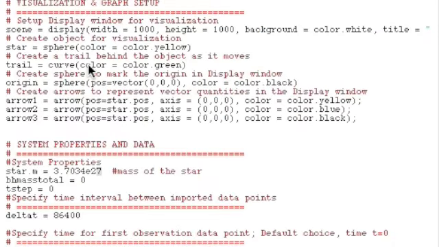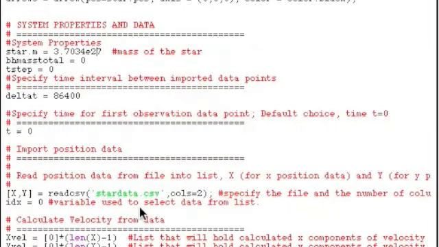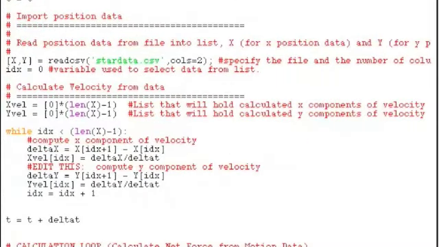Next, using the given information and the skeleton code provided, we make a model to represent the star's movement around the black hole. Here I put in the given information, the mass of the star, and the time step, which is 86,400 seconds, or the number of seconds in a day.